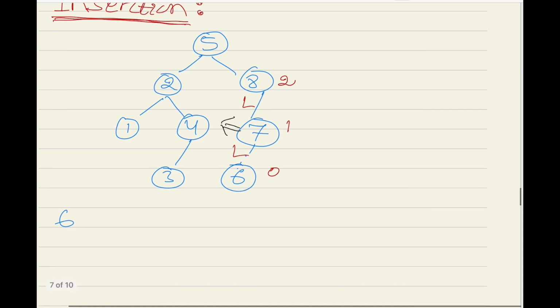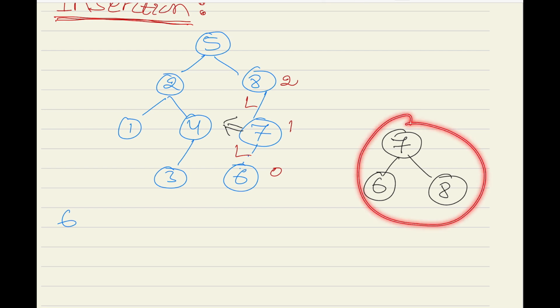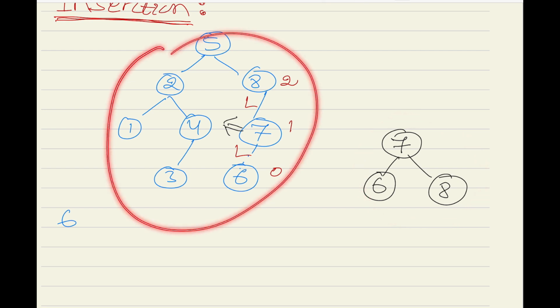So the new structure becomes like this. If we pull 7 here, then 7 becomes the root and 6 was already there, and 8 comes to the right of 7. Add this structure to the other part of the tree.